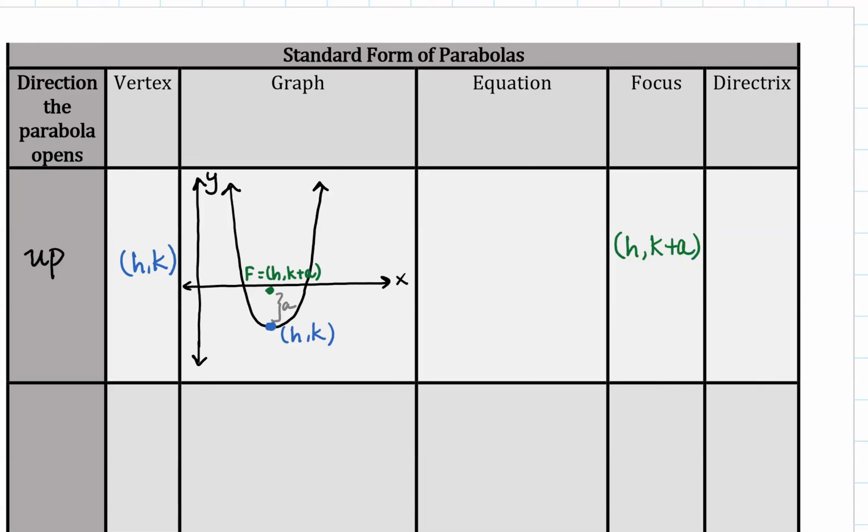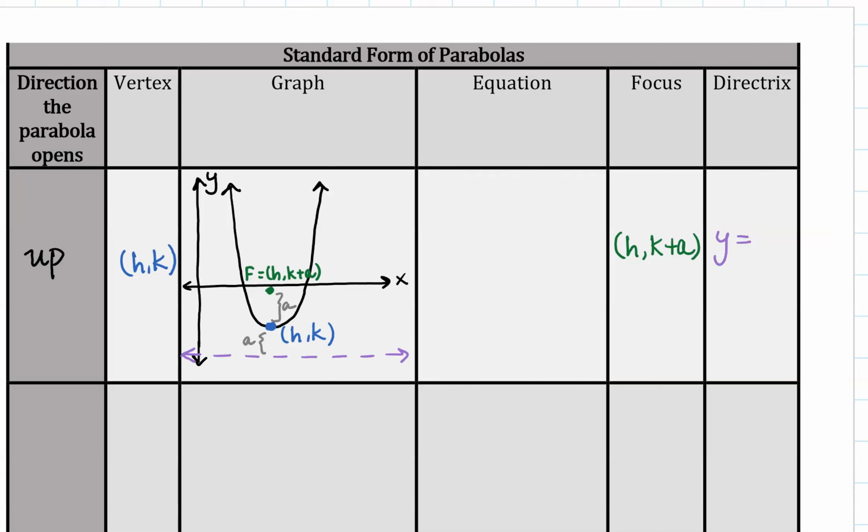For the directrix, it will be this horizontal line outside of the parabola. The directrix will never touch the parabola. And the distance from the vertex to the directrix is also little a. So that vertical distance there is also little a. Since the directrix is a horizontal line, we know that it must have the equation of y equals a number.